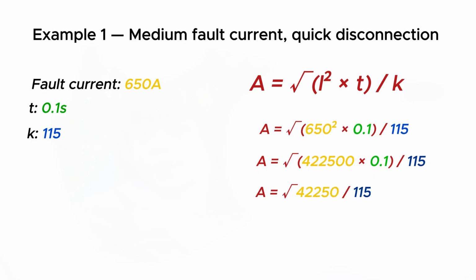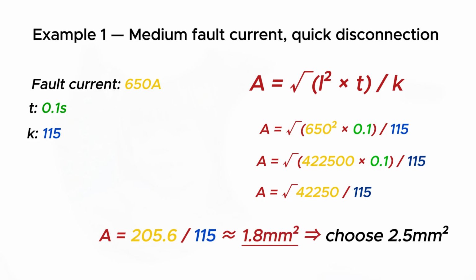A equals the square root of 42,250 divided by 115. A equals 205.6 divided by 115, approximately 1.8 millimeters squared. So even though your line conductor might be 6 millimeters, your earth only needs to be 2.5 millimeters, because the fuse trips instantly.